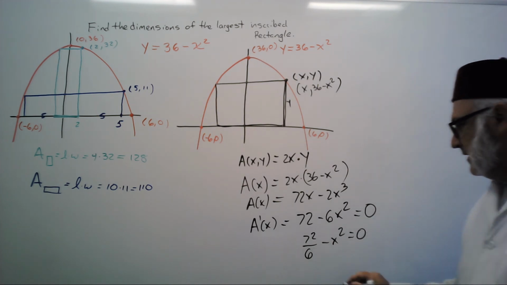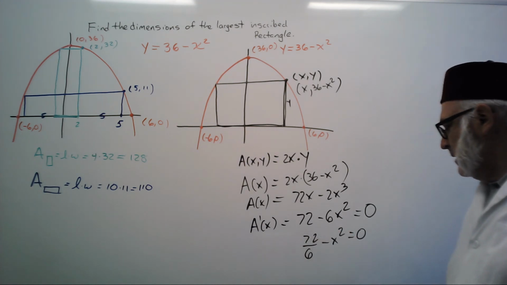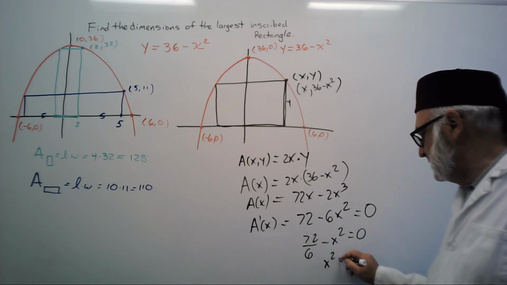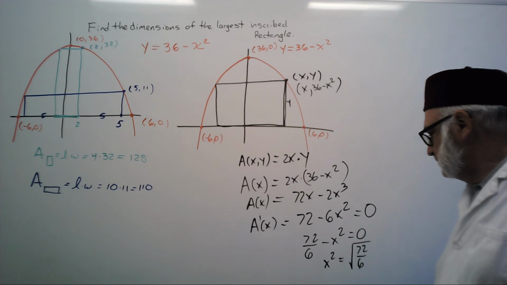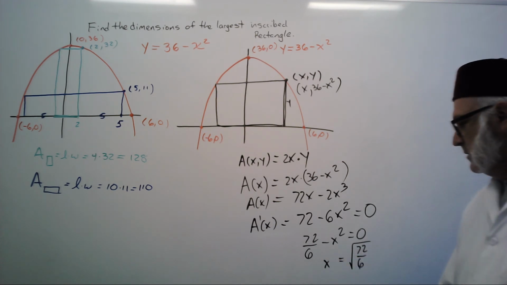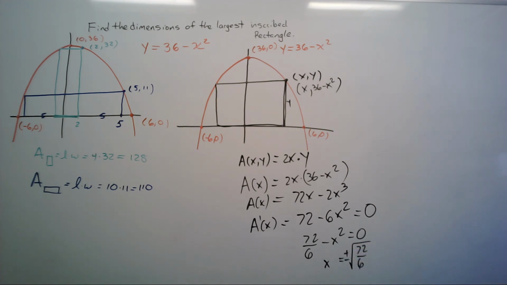And then x squared is equal to 72 over 6, so x is equal to plus or minus the square root of 72 over 6.